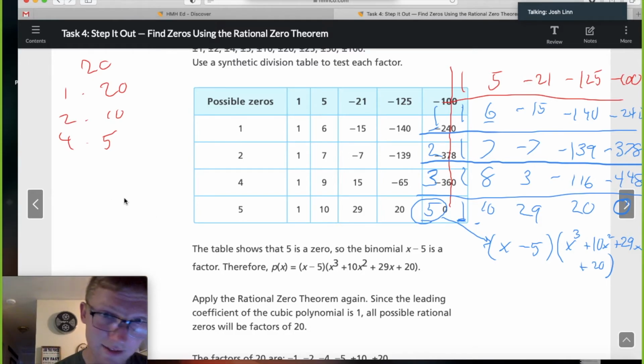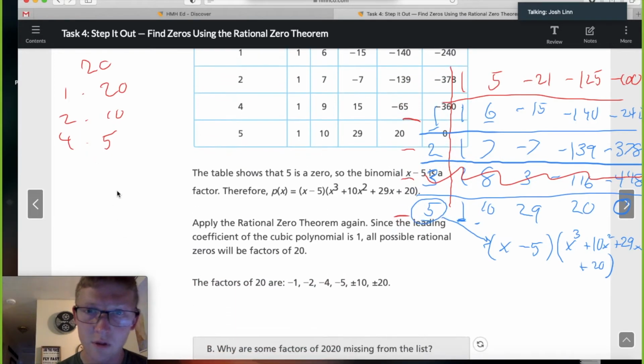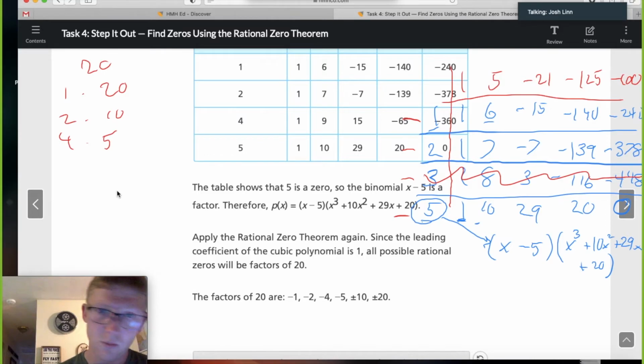So we got a lot less this time. And you will notice that we've already done a couple over here, 3, because I'm a crazy person. And obviously 5 doesn't count either, because we already did that one. So we just knocked a whole bunch of them out. So all we have to worry about is -1, 2, -4, -5, plus or minus 10 or 20.